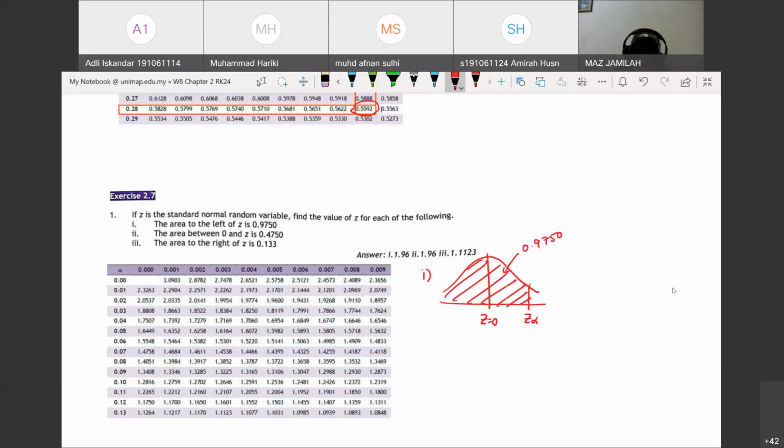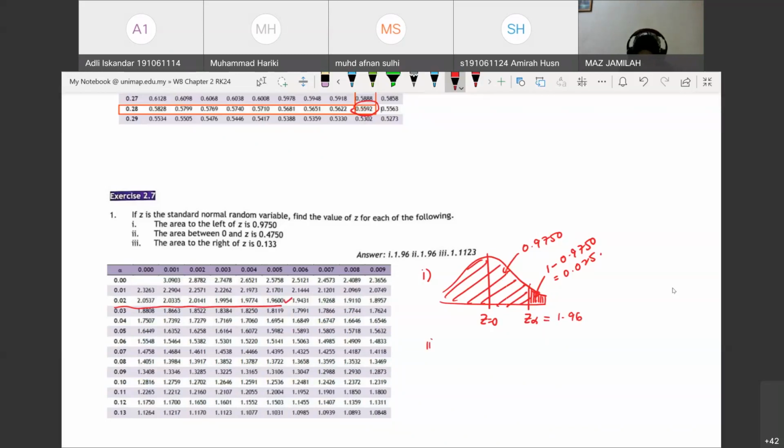So how am I going to find it? Of course by using the whole probability value, 1 minus 0.9750, so you will get alpha here is 0.025. By looking at the alpha 0.025, refer to your upper tail distribution, 0.025. So you will get here Z alpha is 1.96.